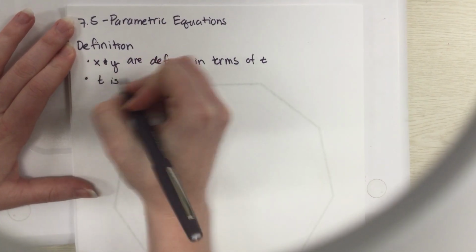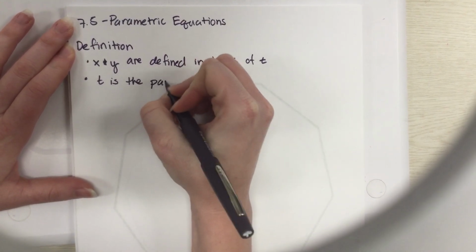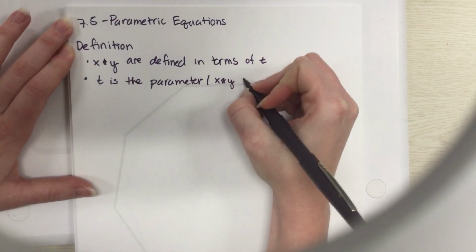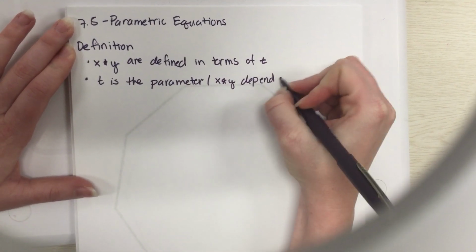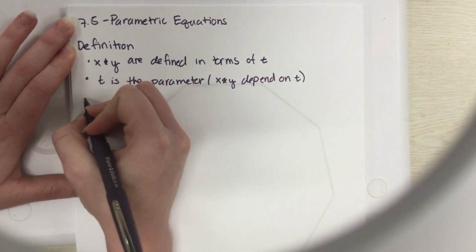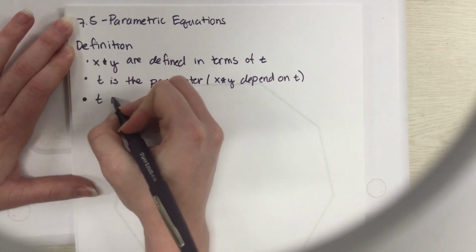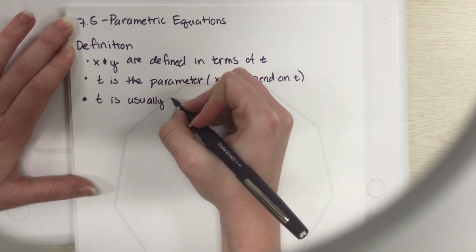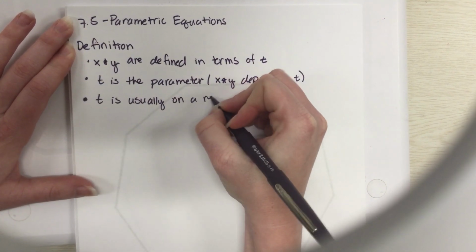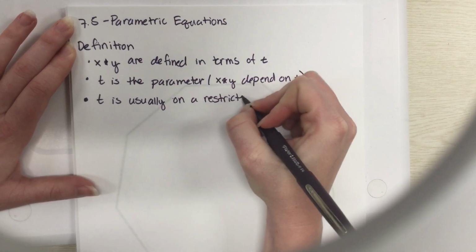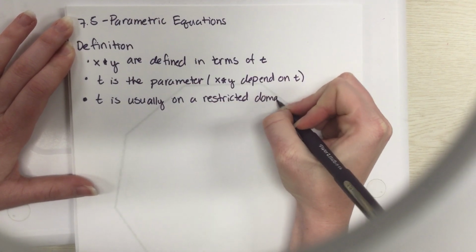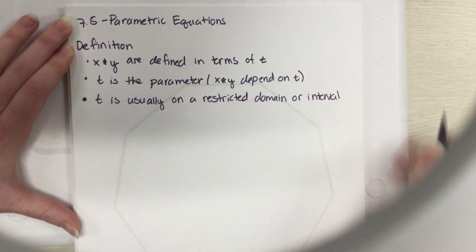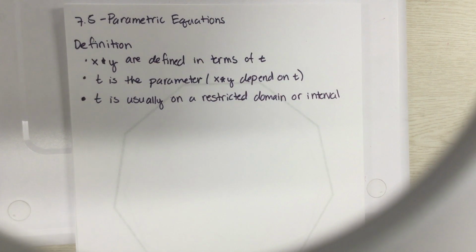t is what we call the parameter, and that is because x and y depend on t. And t is usually, not always, but almost always, on a restricted domain or interval.